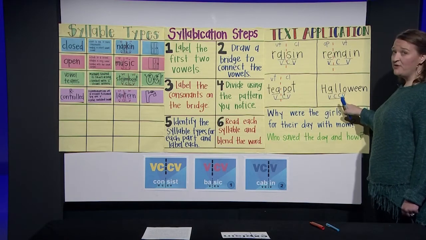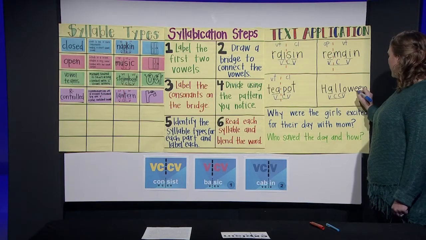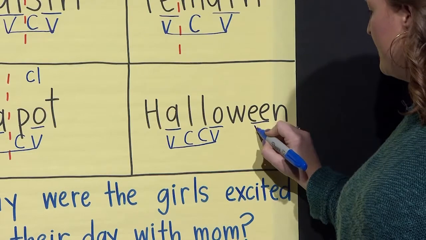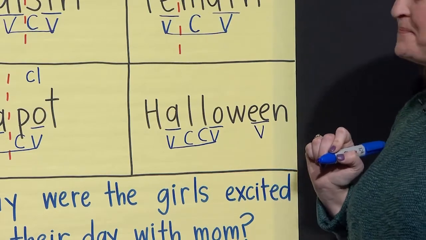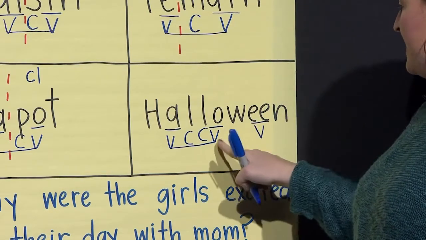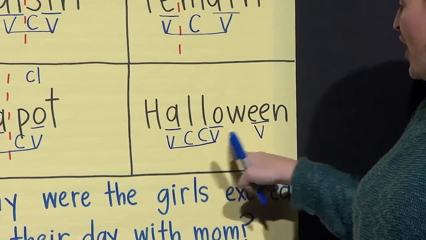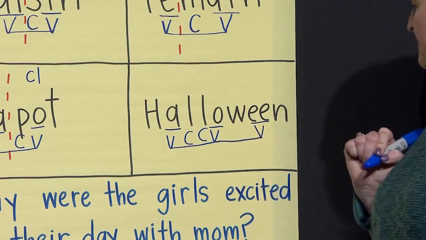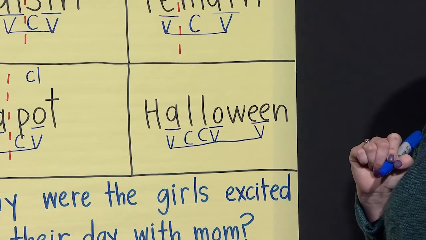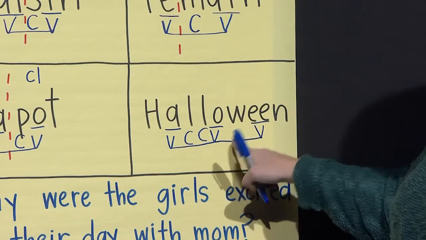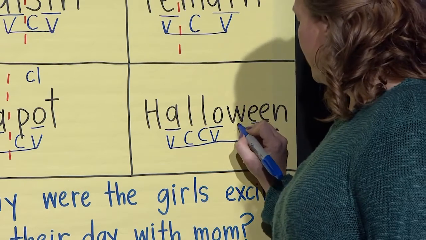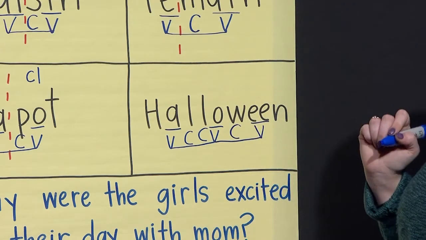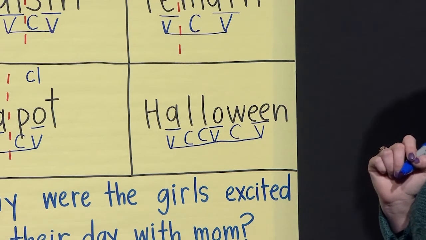We see vowel O here that we've already labeled, but behind that I see vowel team EE. So I want to underline and put a V under those 2. Now let's draw a bridge from our vowel O to vowel E. And let's label the consonants on our new bridge. And that's only consonant W. Now we're ready to divide using the patterns we notice.